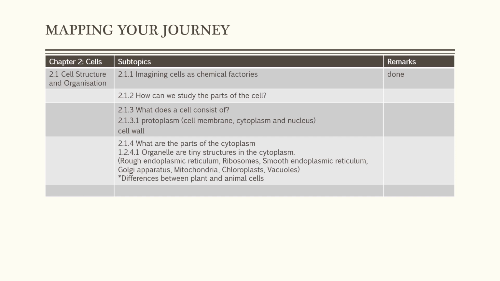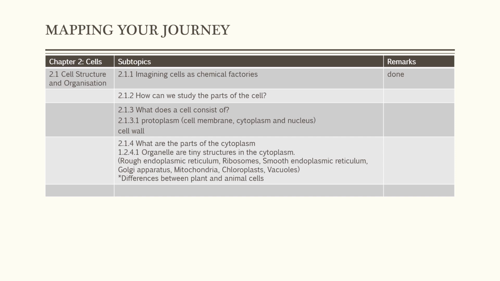How can we study the parts of the cell? What does a cell consist of? Protoplasm and then the cell wall. What are the parts of the cytoplasm? You have the organelles, and when you know the organelles, you can differentiate between plant and animal cell. So these are the things that you need to learn.